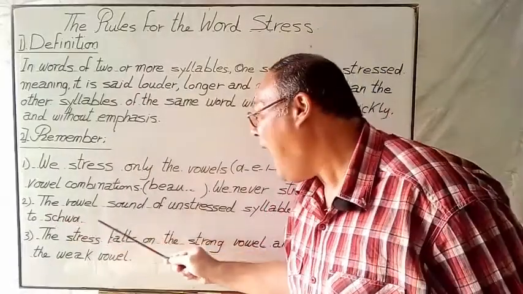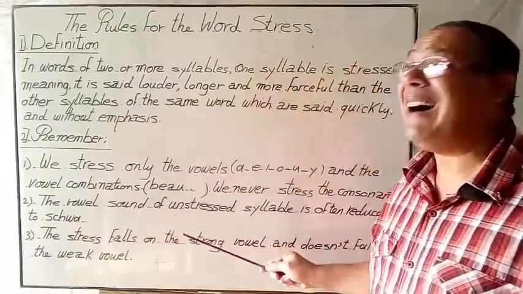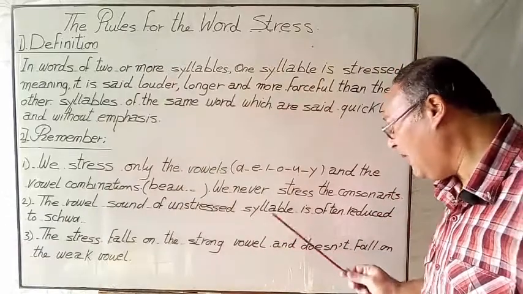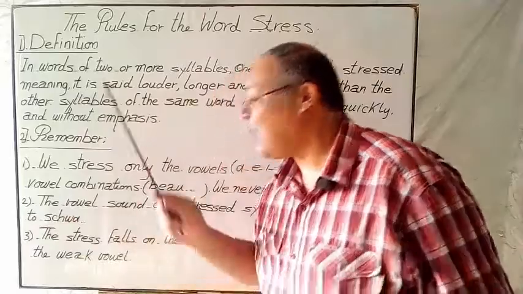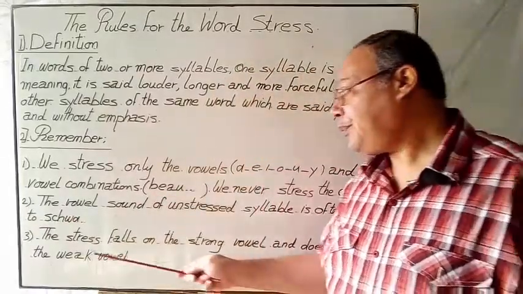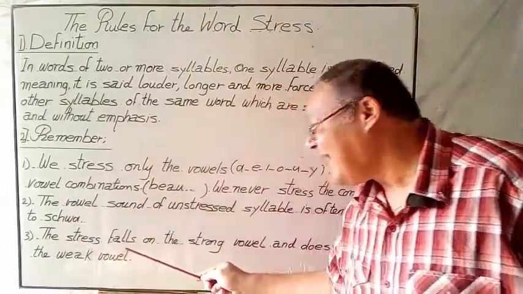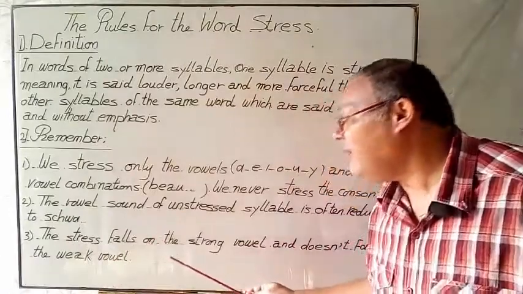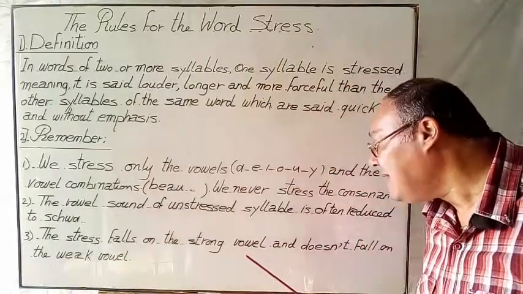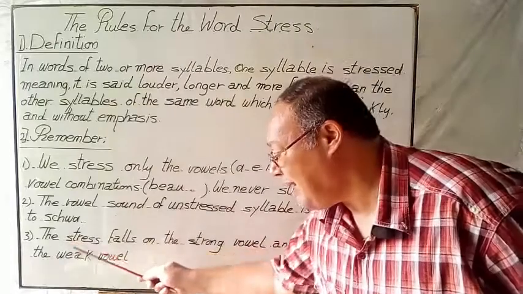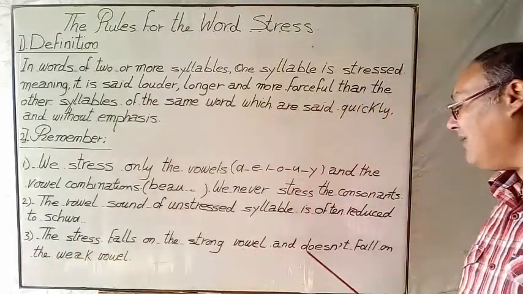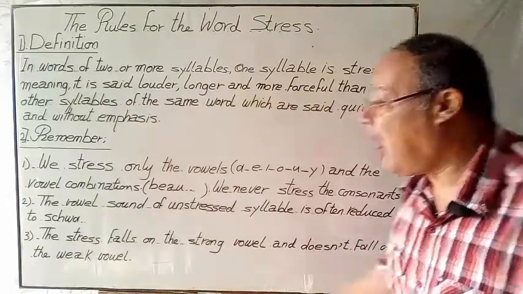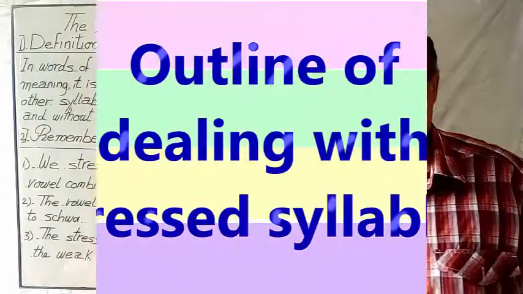The vowel sound of an unstressed syllable is often reduced to schwa. 3. The stress falls on the strong vowel and doesn't fall on the weak vowel.